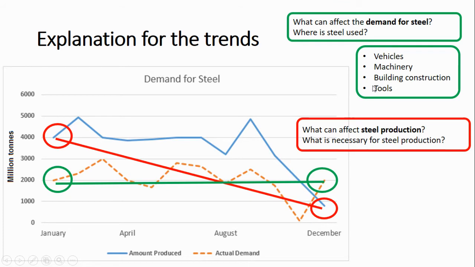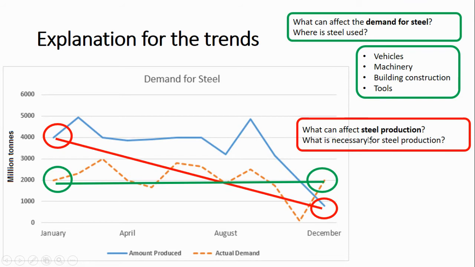Because demand is why people need steel, right? And if, for example, they stop producing vehicles or tools or machinery, then the demand for steel will drop, right? Because people will not need as much steel as before.